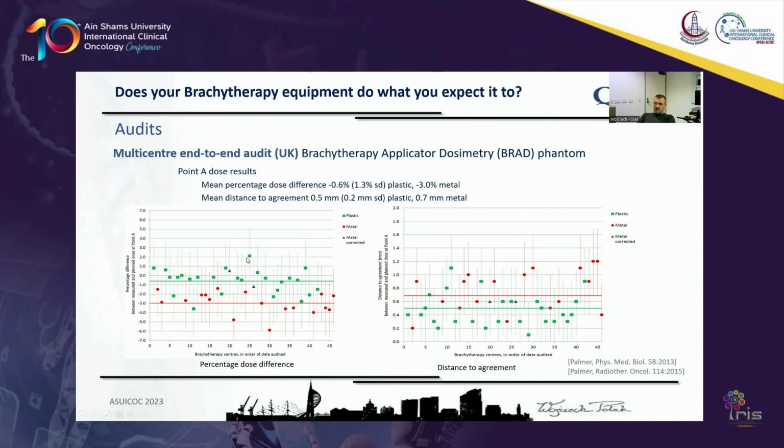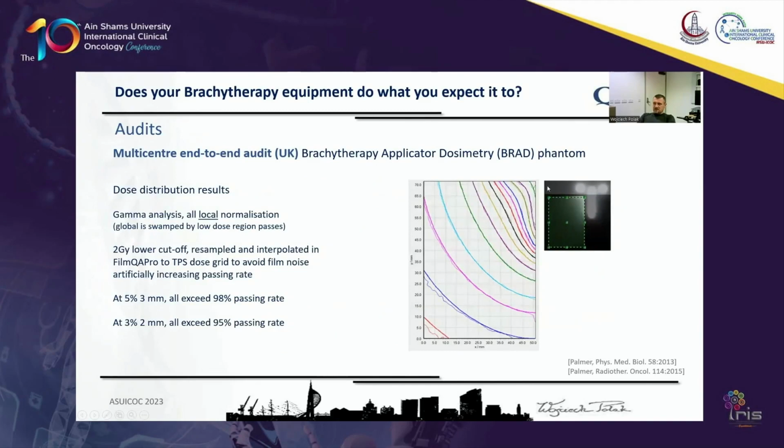And looking at the gamma passing rates, when we look at the isodose distribution on the film, with 5% 3 millimeter and 3% 2 millimeter gamma criteria, and with a low-dose lower cutoff, so not taking the very low dose into account when calculating the gamma.